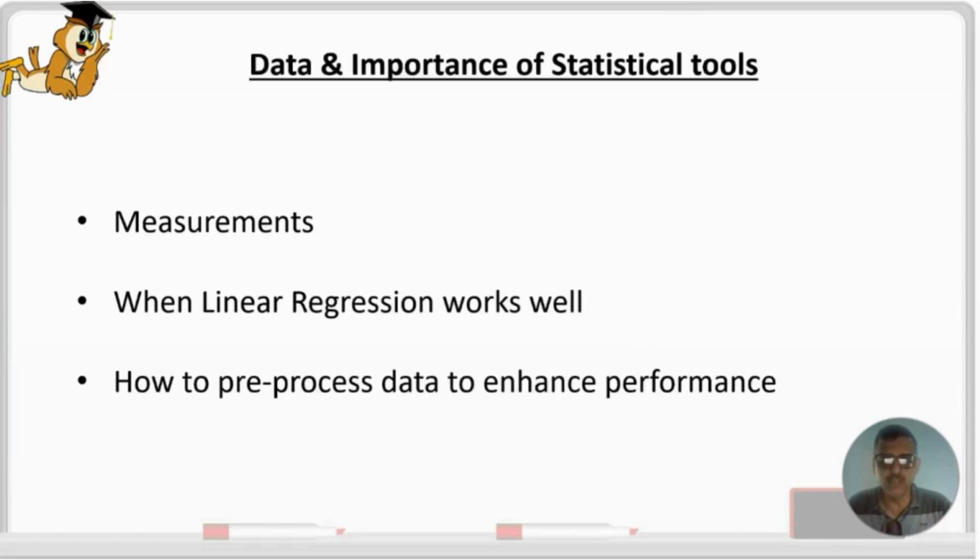So when does linear regression work well? And thirdly, we will see what sort of pre-processing we can perform to enhance the performance of a linear regression model. So that's going to be more or less our agenda for the remainder of this session.